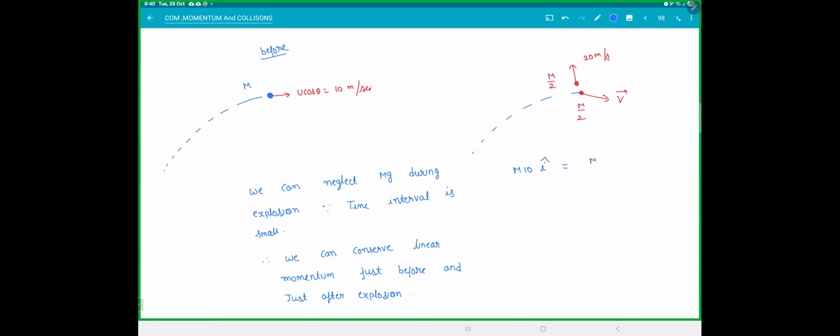This is equal to m by 2 into 20 j cap because it's going up, plus m by 2 into v bar. M cancels everywhere, sending 2 to that side, this will be 20 i cap minus 20 j cap is equal to v bar. Clear with this? It means after explosion, that second particle is flying with 20 i cap and minus 20 j cap.